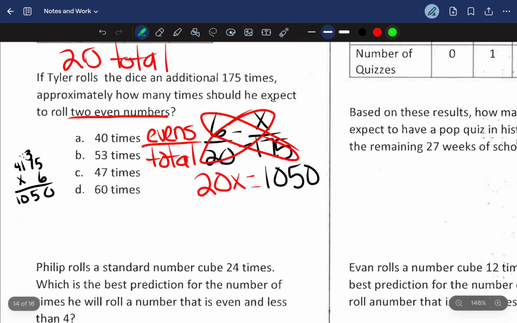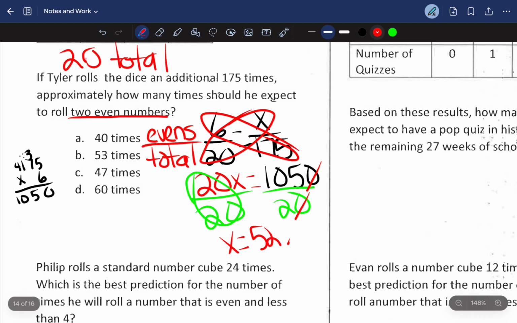Then I'm going to divide both sides by 20. Zero pair, and then I can cross out those zeros. So I end up with 105 divided by 2. And so that actually gives me 52.5. So we can make an approximation here and expect about 53 times.